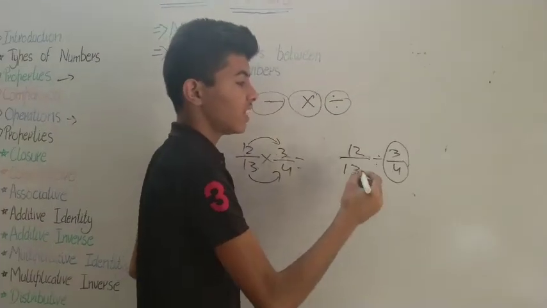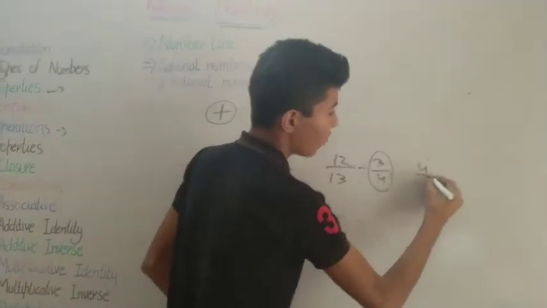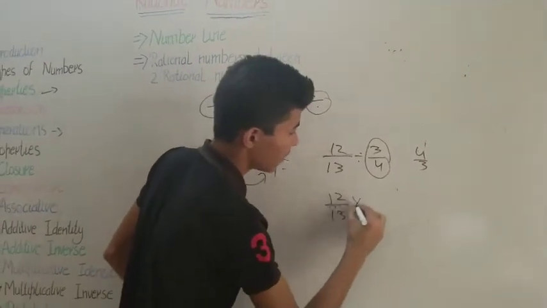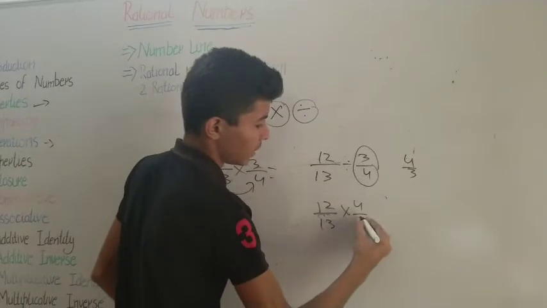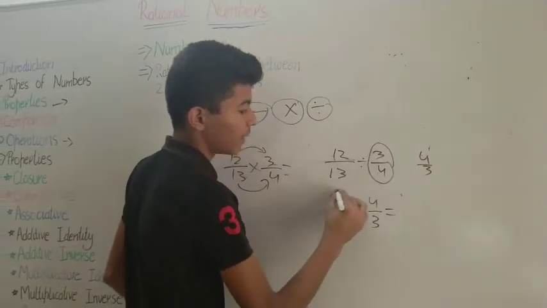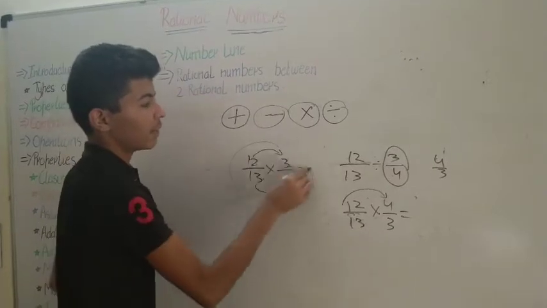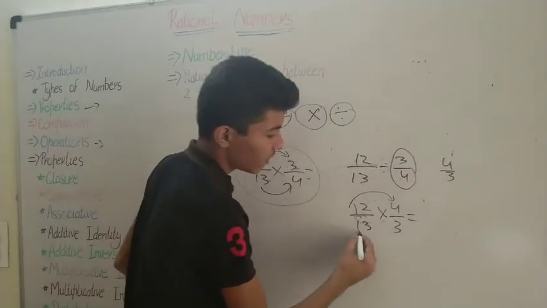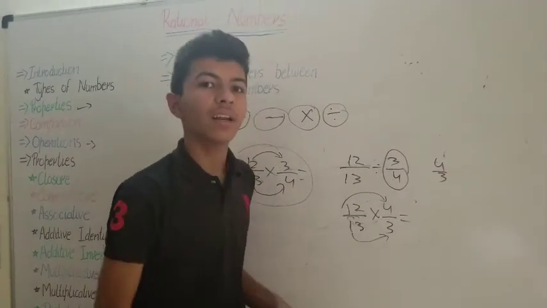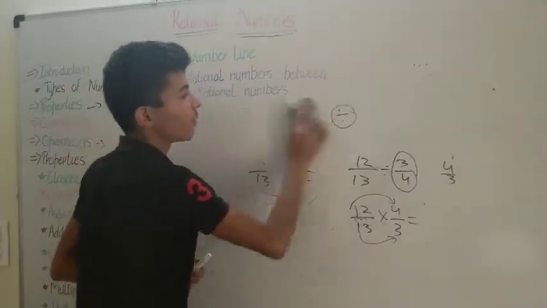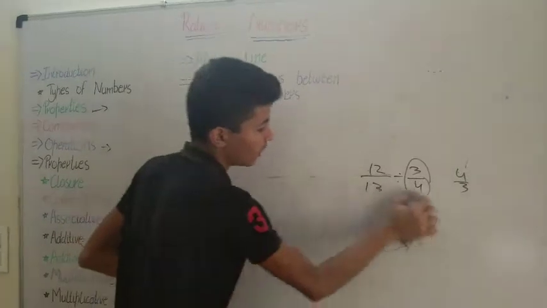So reversing this, we get 4 by 3. Now it becomes 12 by 13 multiplied by 4 by 3, and we multiply the numerators, as we did in the multiplication case, and in the same way multiply the denominators to get the answer. So this is how we can perform the fundamental operations on rational numbers.